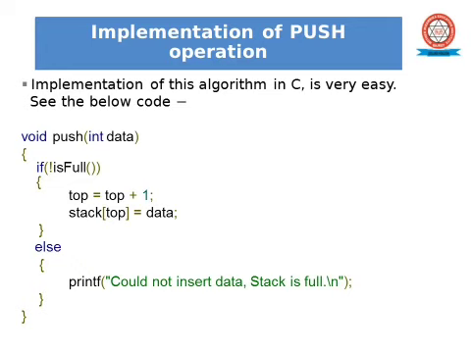If not isfull, meaning if stack is not full, top = top + 1 and stack[top] = data, meaning add the data element to the stack location, and if the stack is already full, meaning the else part, then print "Could not insert data, stack is full."